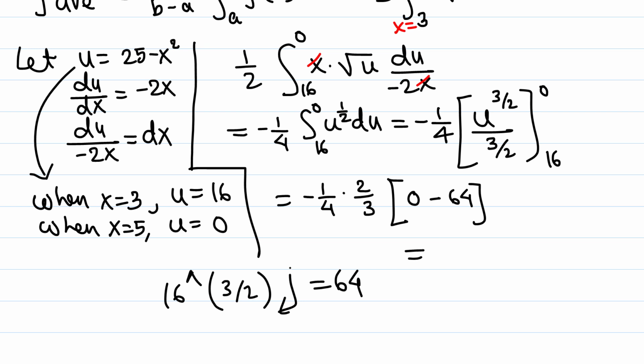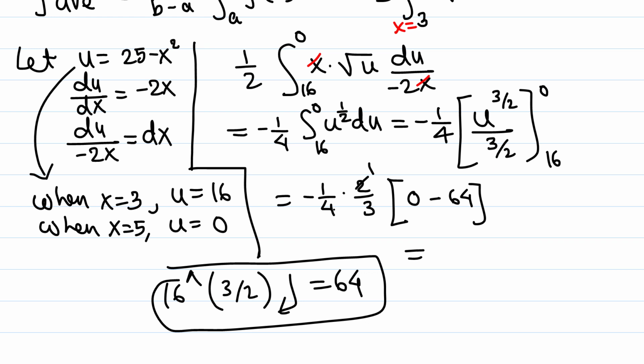Then 2 goes once, 2 goes twice, negative 1/6 times negative 64, negative times negative is positive, 2 goes 3 times, 2 goes 32 times. Again, the answer is 32/3. Final.